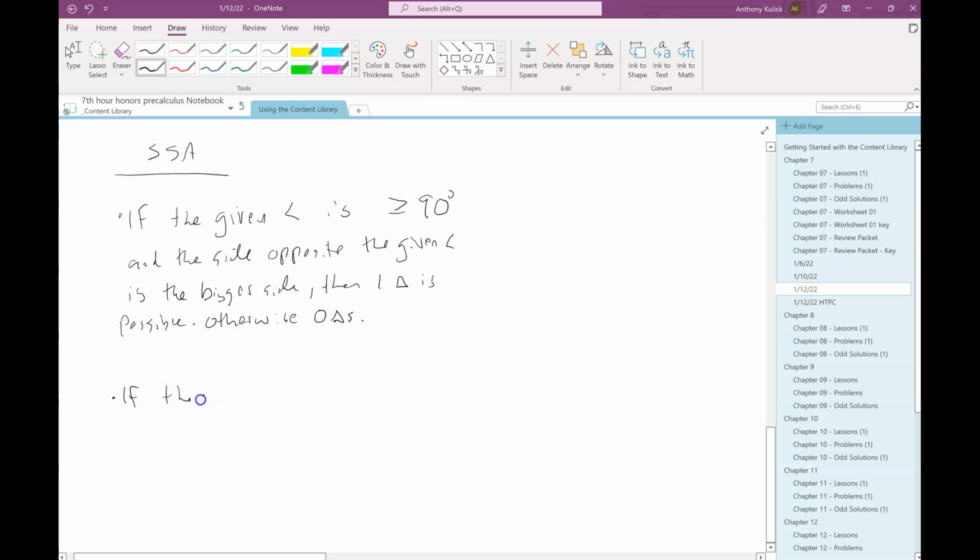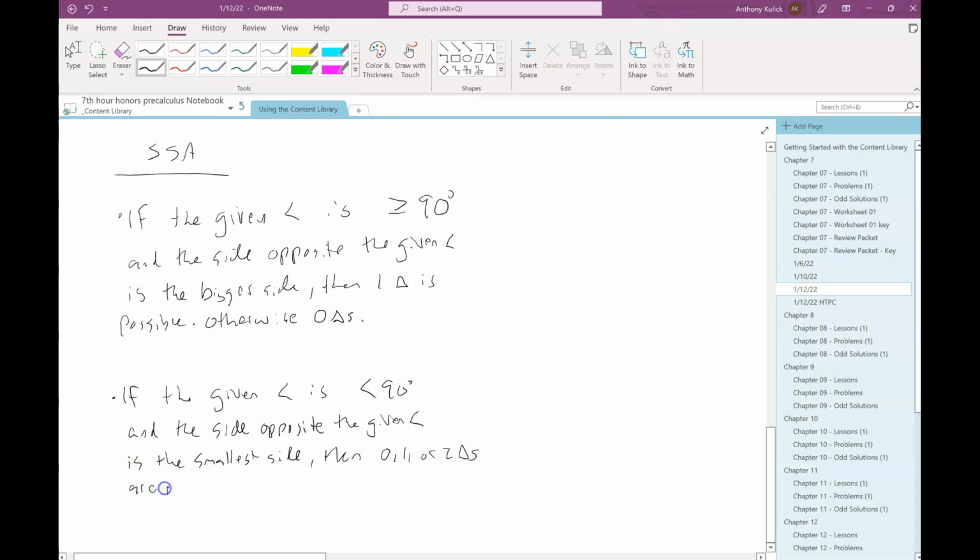The other scenario, if the given angle is acute and the side opposite the given angle is the smallest side, then that's the 0, 1, or 2 triangles.